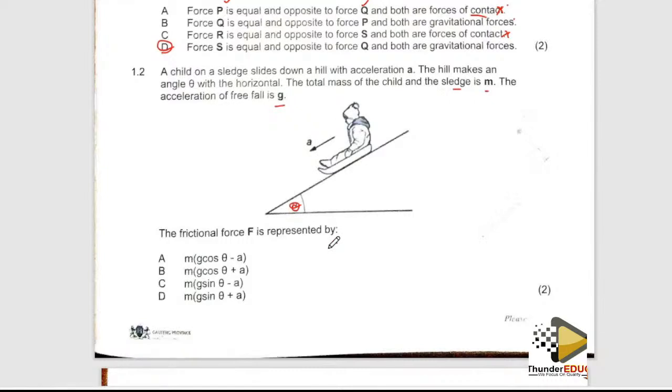So guys, what do you think? Because we know from our F net is equal to ma. Then when we look at this boy, since it's going down, which means the frictional force is up, and downwards we shall have the F_g parallel acting down.